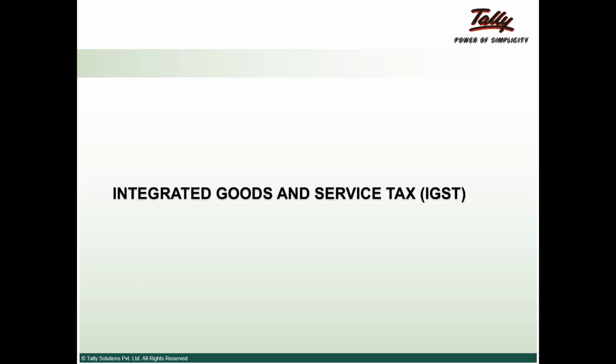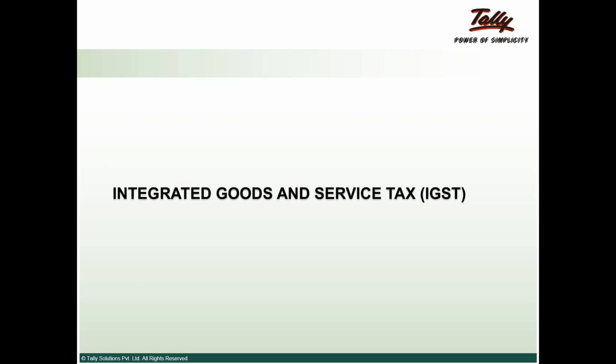Just to be on the frame, your CGST is what we earlier used to deal with as excise and service tax. SGST would be the VAT, entertainment tax, and all the state taxes, and IGST is the CST, SAD, that is special additional duty, CVD, and all that stuff.